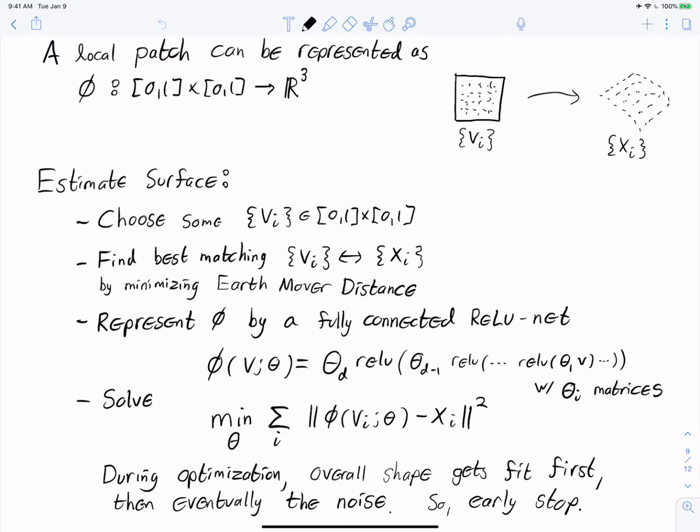So the goal is to optimize this over theta, and what you can observe is that during the optimization, the overall shape that you're trying to reconstruct gets fit first, but then eventually the noise gets fit. So we're in the same sort of circumstance as the deep image prior, and this would lead you to do early stopping. If you do early stopping, then hopefully you'll get an estimate of the shape without fitting the noise.